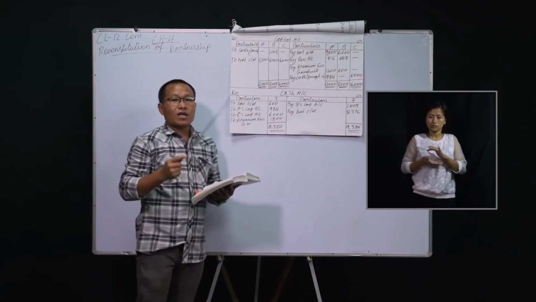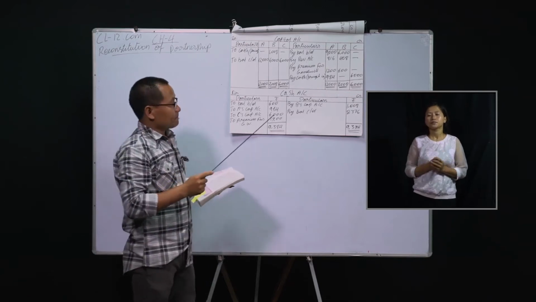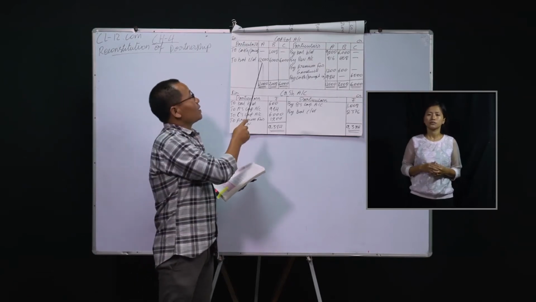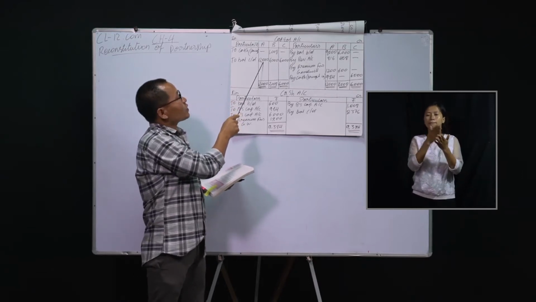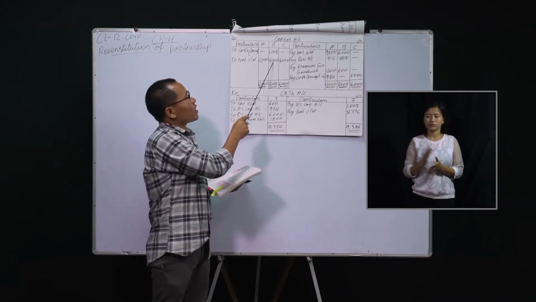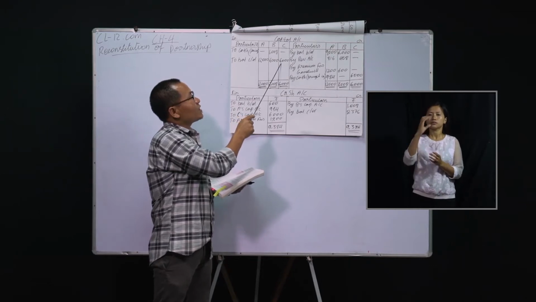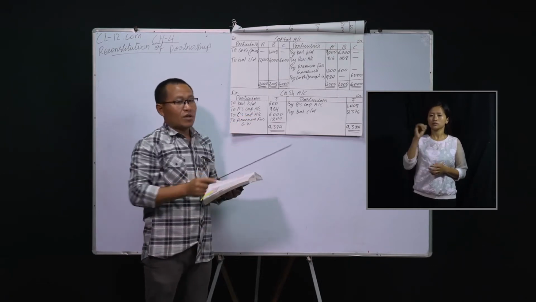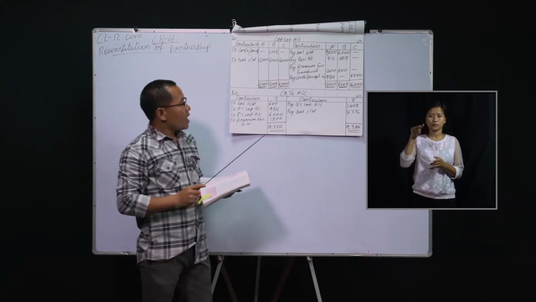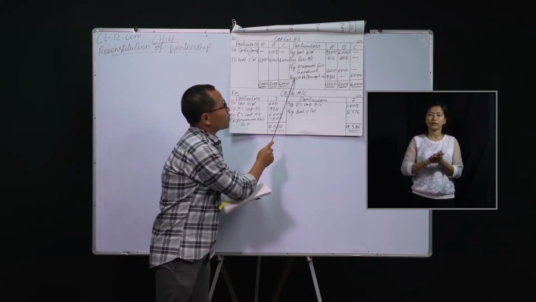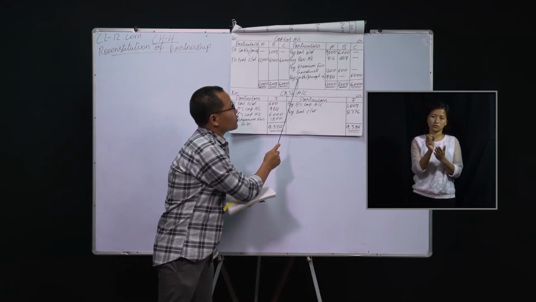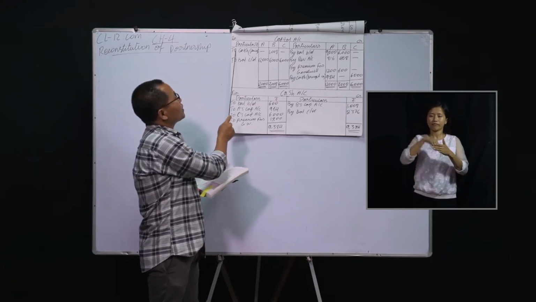Now the capital position of the partners have been changed. That is 12,000 for A, for B it is 6,000, and for C it is 6,000. Which means here, I'll show you this particular, you please note the last entry and this first entry.